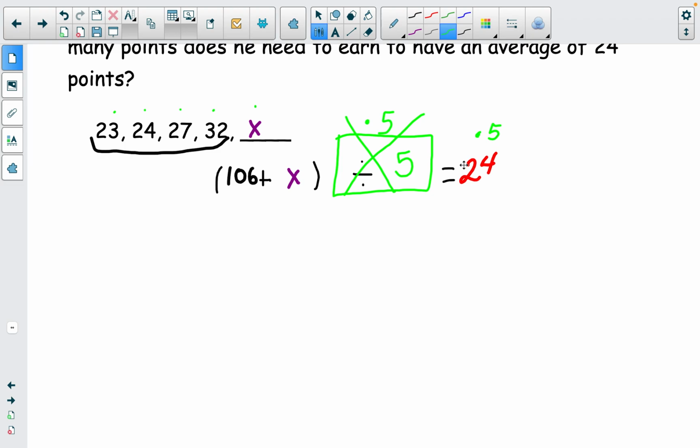What is 24 times 5? Correct, it is 120. Now take the time to neatly rewrite the equation.